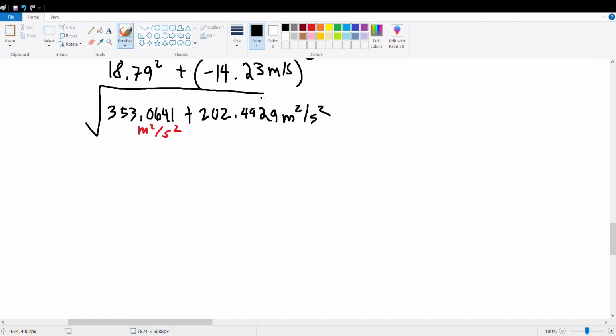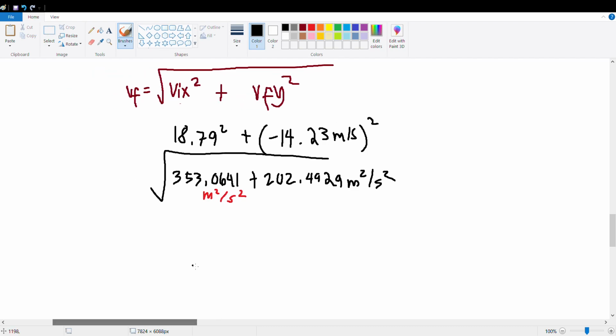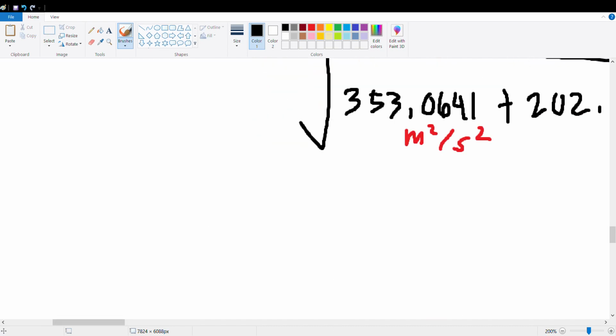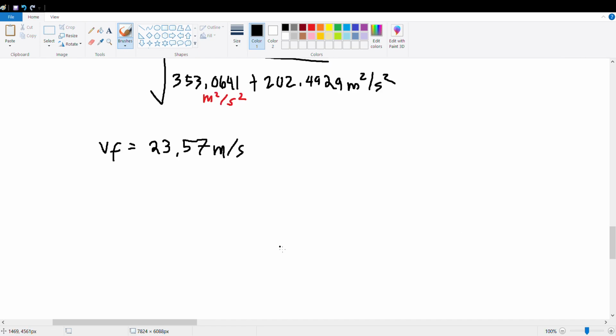All in all, it should give us a final velocity of 23.57 meters per second, and that is our VF.